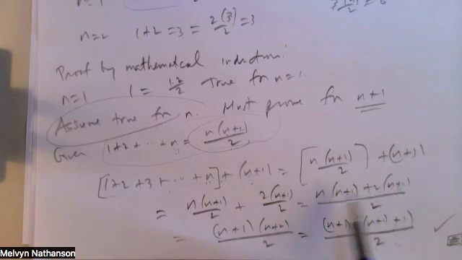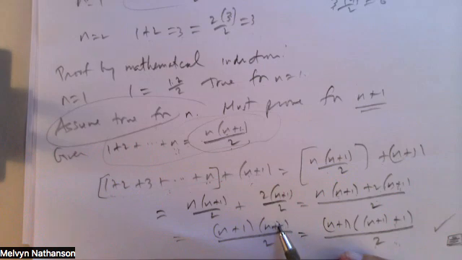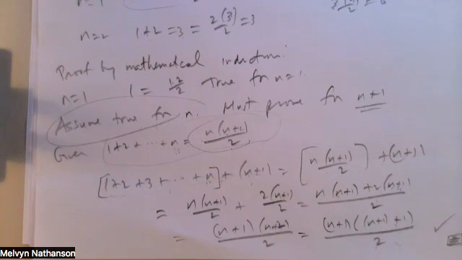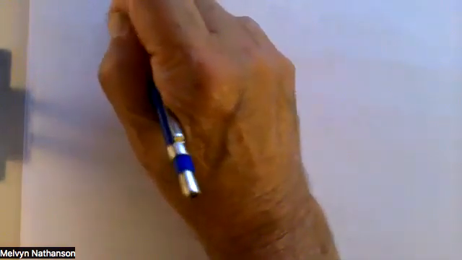If I factor out n plus 1, I'm left with n plus 2. Oh, okay. Yes. So this is an example of a proof by mathematical induction.